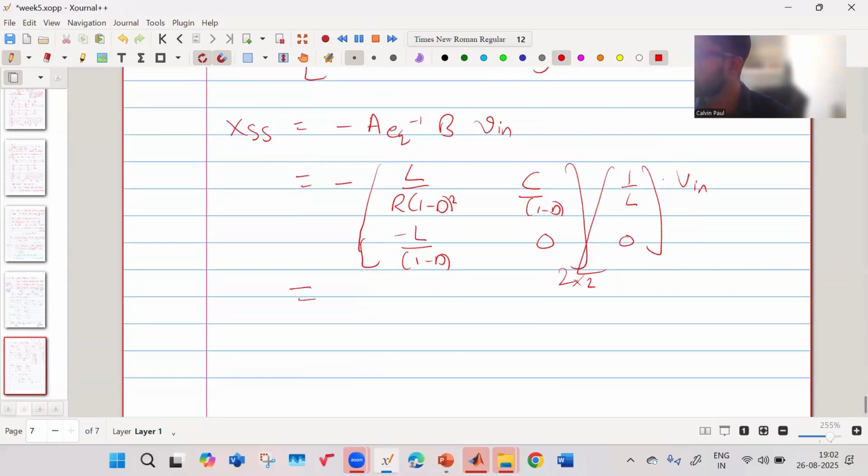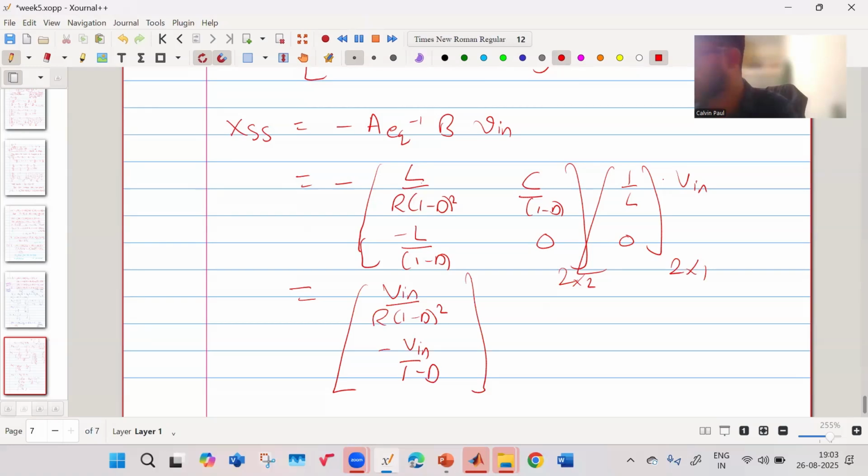This is 2 cross 2, this is 2 cross 1. The resultant should be 2 by 1. So L into this becomes Vin upon R into 1 minus D square, and over here it becomes minus Vin upon 1 minus D.